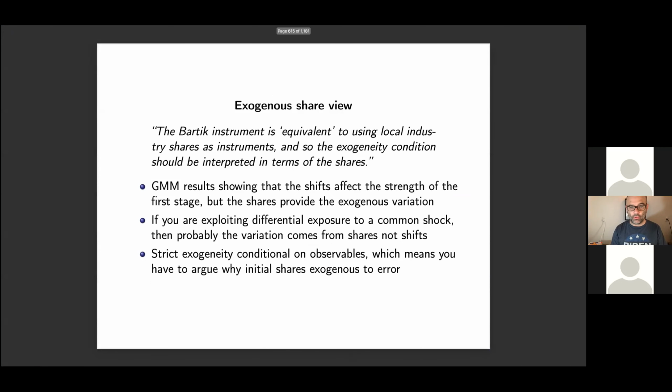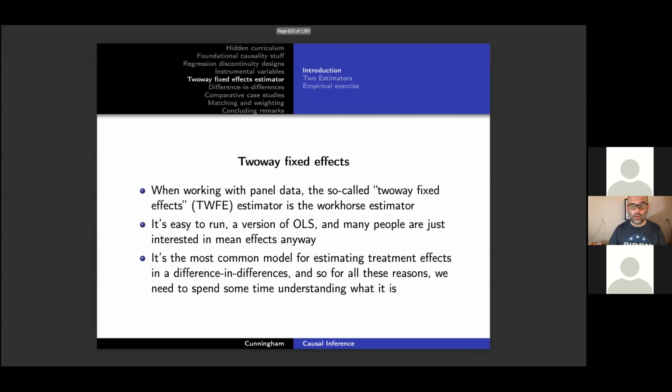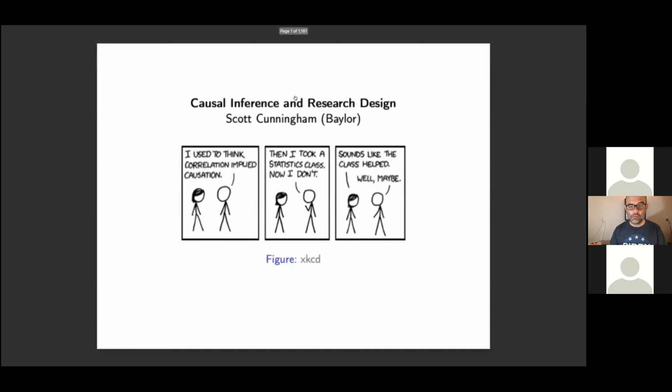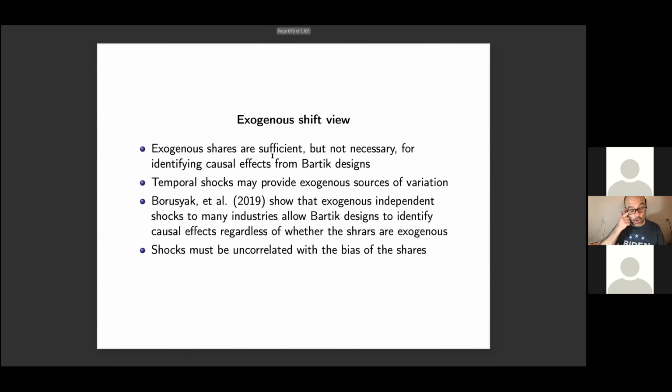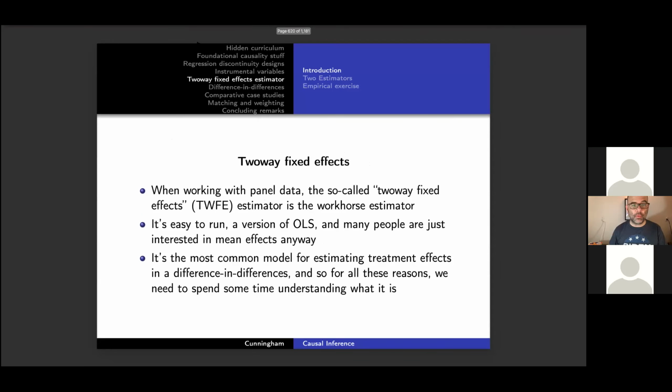So for IV, to summarize: instrumental variables is an extremely powerful design, very important. You're probably going to write some instrumental variables papers in your life.